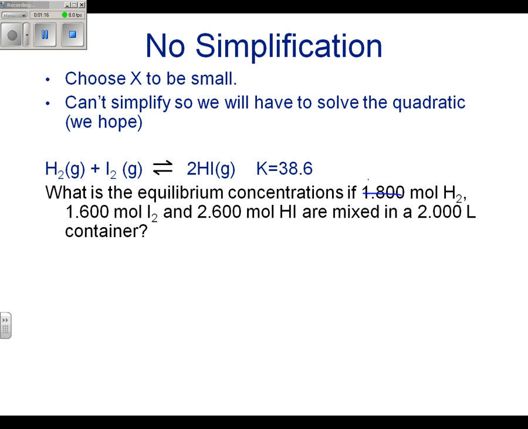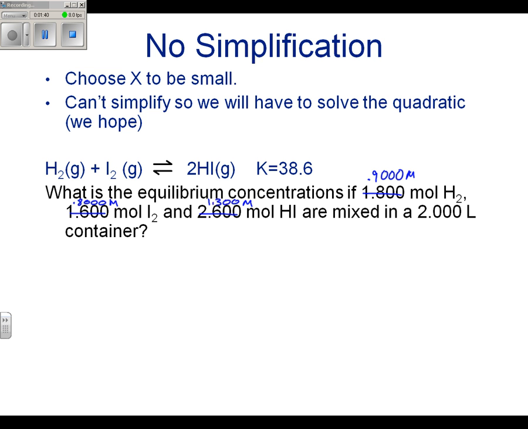For this one, it is 0.9000 to keep our sig figs. And again, that's moles divided by liters. I just divided by 2. This one's 0.8000 molar. So we get to put those there. And this one is going to be 1.300 molar for HI.